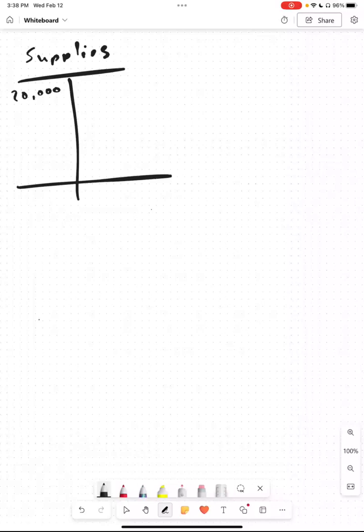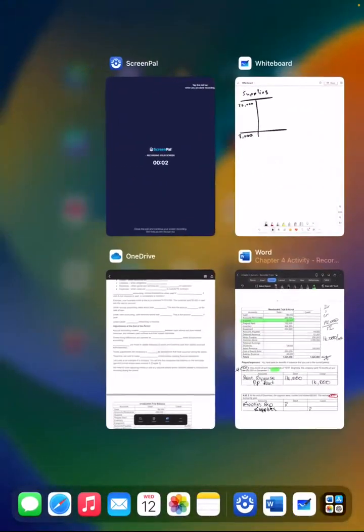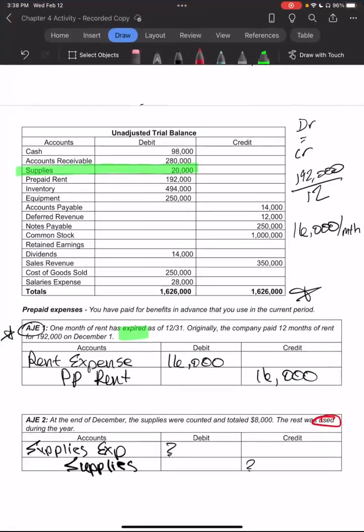What we've done is, at some point during the year, we've used some amount of that, and it left us with $8,000 worth of supplies, okay? The way I know that $8,000 is what I'm ending with is, again, I'm just reading the clues inside of the problem. And so here it says supplies were counted and totaled 8,000.